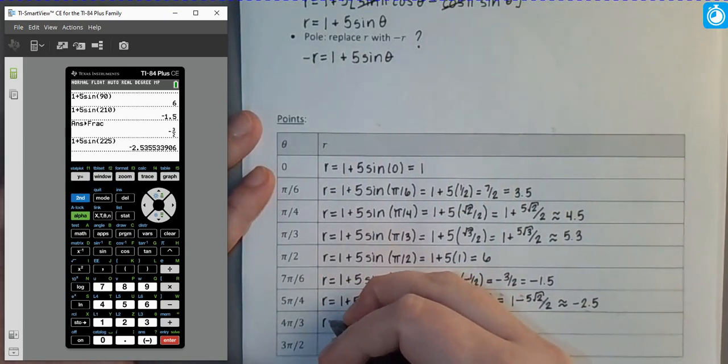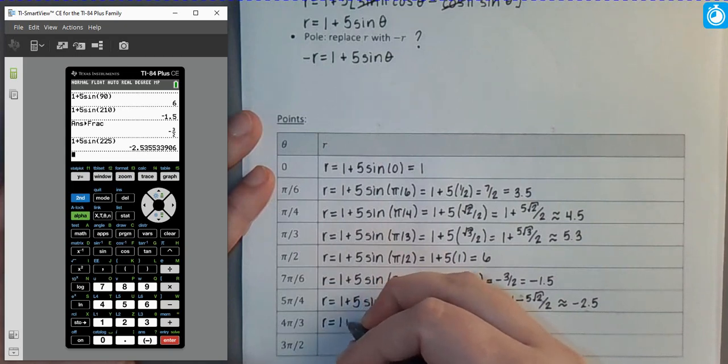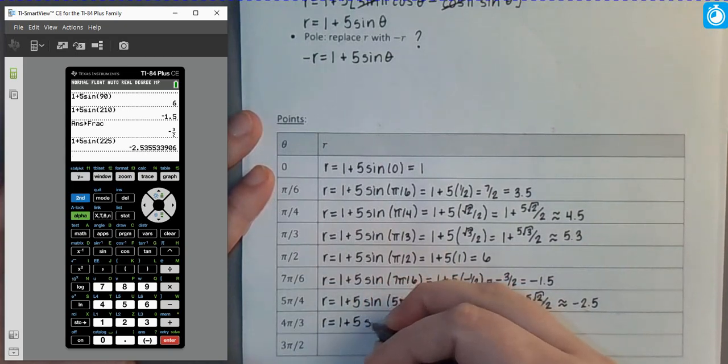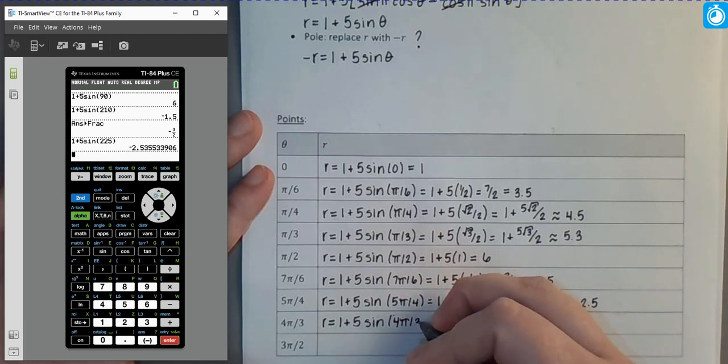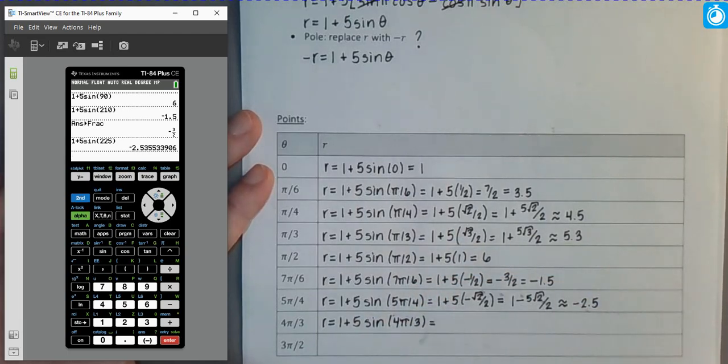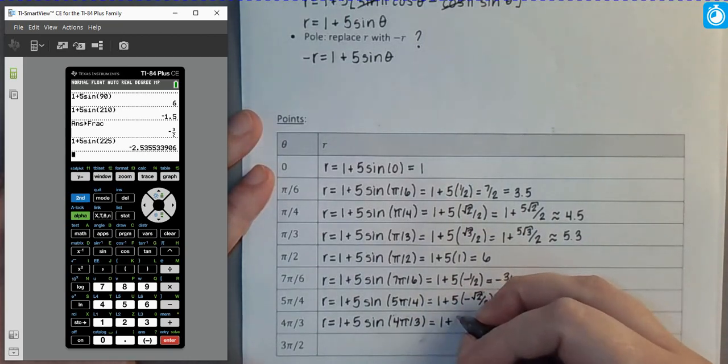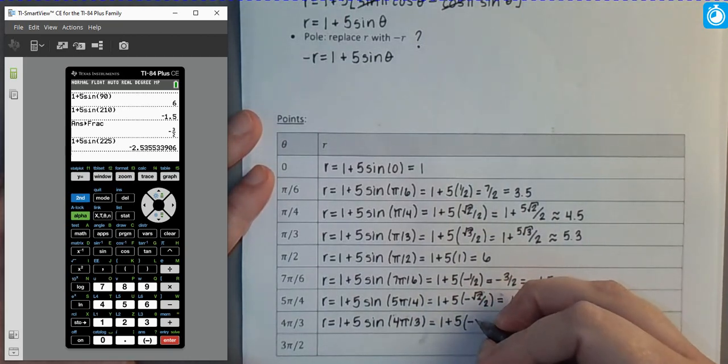So at 4 pi over 3 radians, we have r equal to 1 plus 5 times the sine of 4 pi over 3. At 4 pi over 3 radians, the sine is negative root 3 over 2. So 1 plus 5 times negative root 3 over 2.